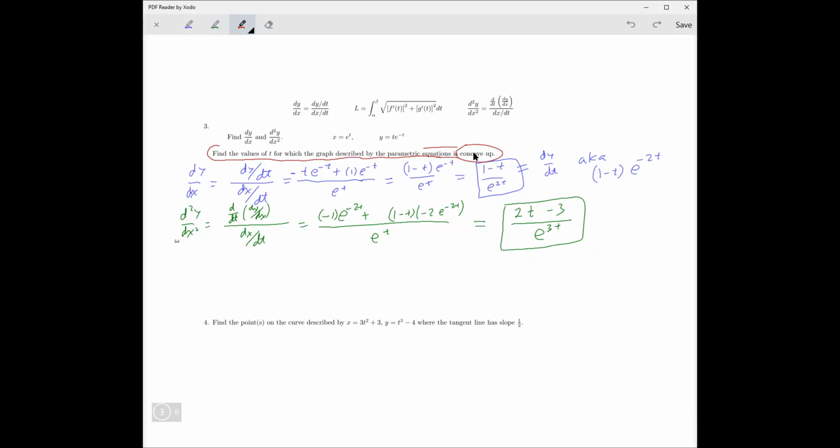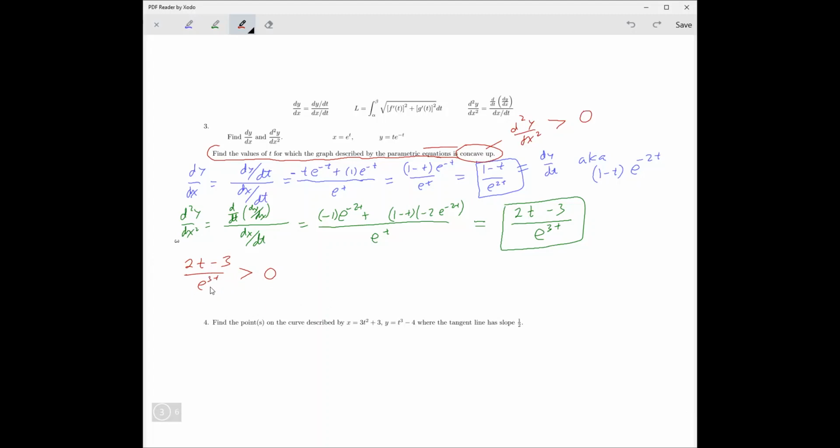That's going to happen when the second derivative is greater than 0. So here's the second derivative, we make that greater than 0.